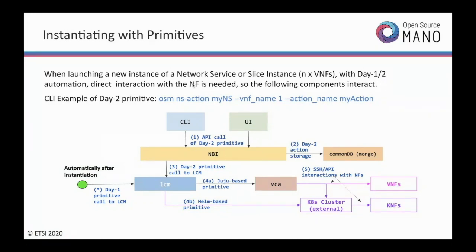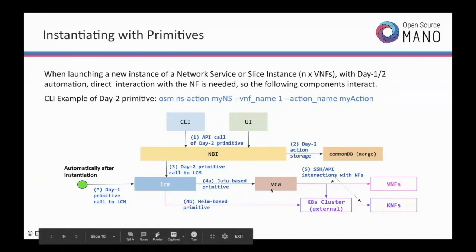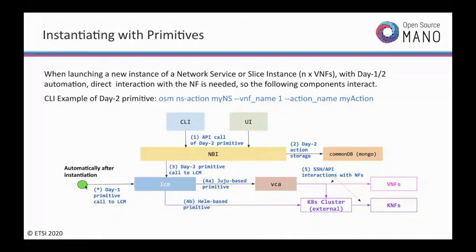So depending on the type of primitive, we have different components interacting. If it's a day 1 primitive, it runs automatically after instantiation. It runs in LCM. And what it does is mainly, this is the main path through VCA, which would be a Juju-based primitive. I mean, it would be a charm.